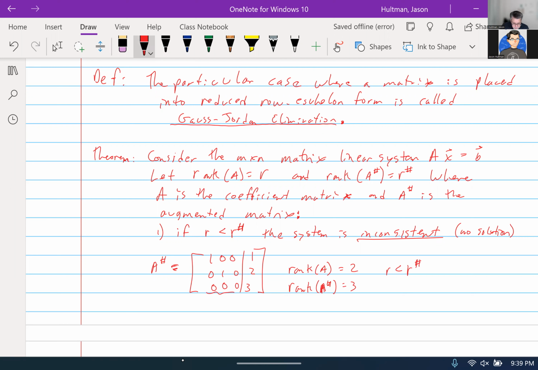And if that's true, then it has no solution. There's no solution to the linear system of equations. This would be like if you had two parallel lines or two skew lines in 3 dimensions. They're never going to intersect, and so there's no solution. So here 2 is less than 3, and so we say that there is no solution.